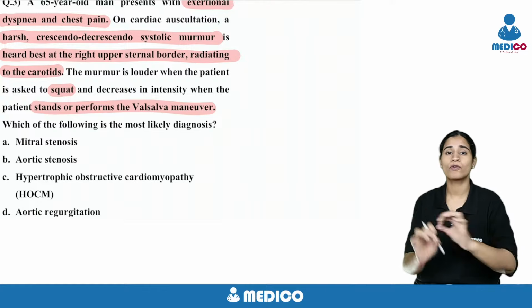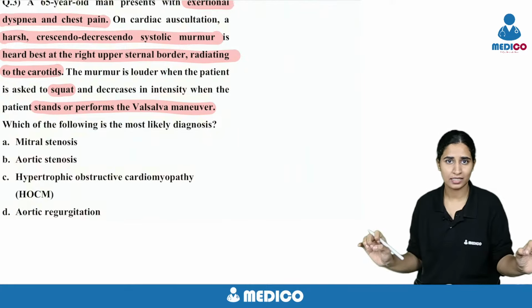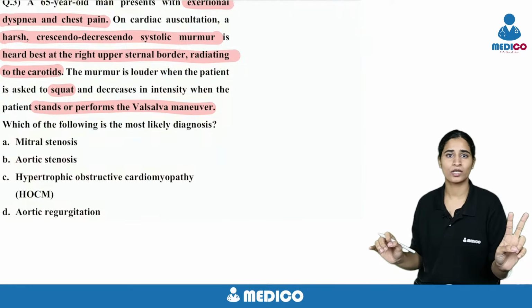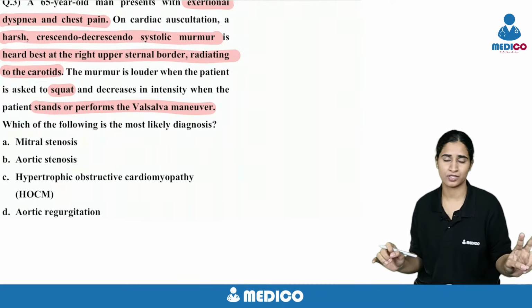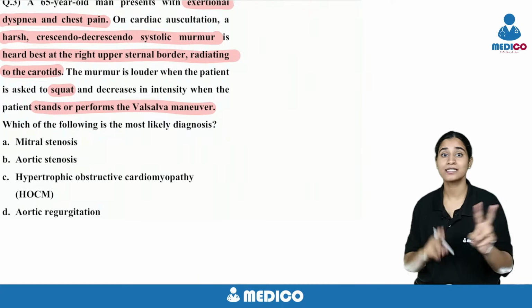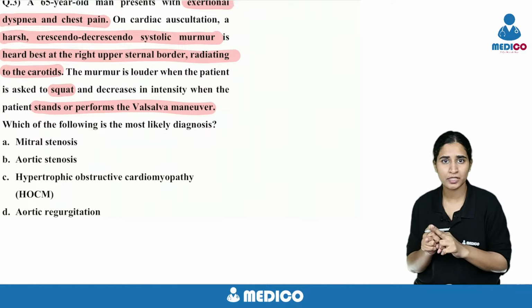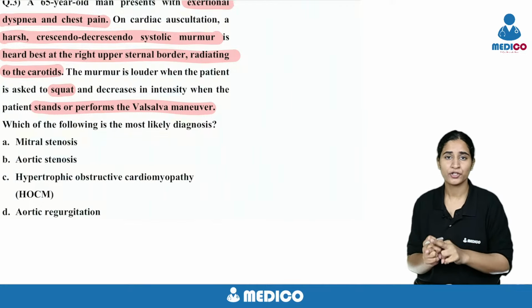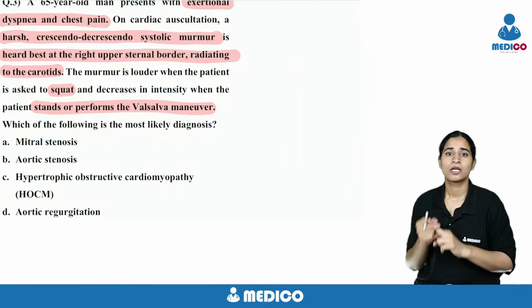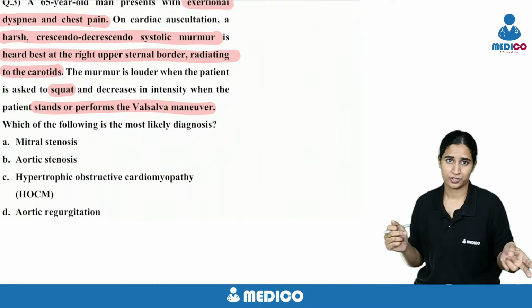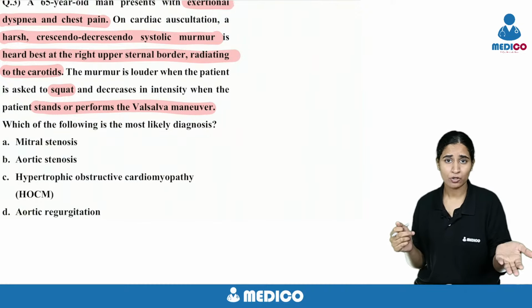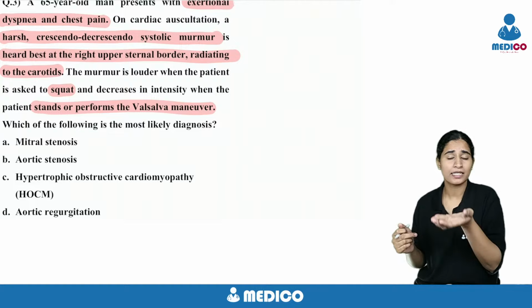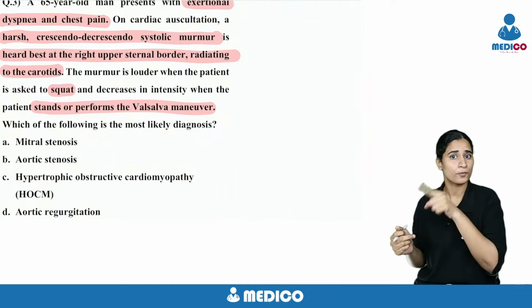This is true for all the valvular diseases except two conditions. For everything there are exceptions, right? The only two exceptions are HOCM, hypertrophic obstructive cardiomyopathy, and mitral valve prolapse. These go in the opposite direction. Valsalva will decrease the preload, so for any murmur, the intensity will decrease. But it's the opposite in HOCM.